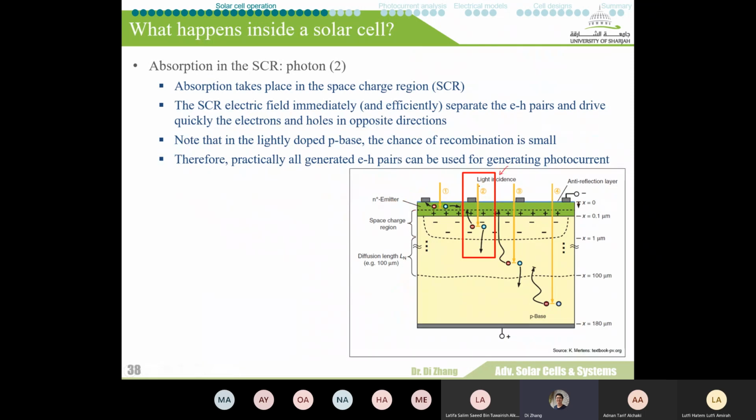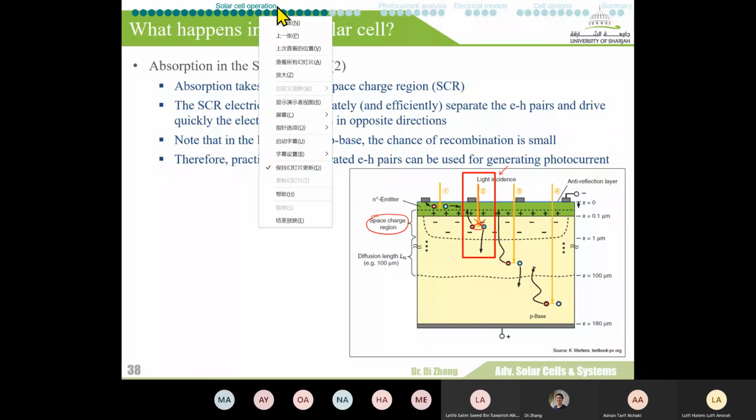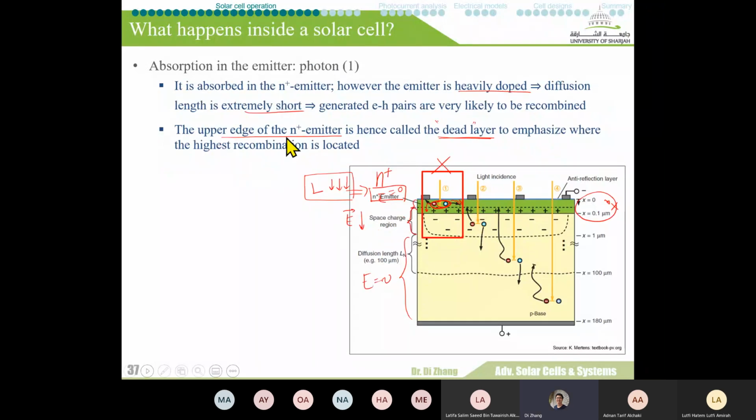For the second scenario, the photon enters deeper into the solar cell, and it is absorbed directly inside the space charge region. So in this case, we're skipping the diffusion.